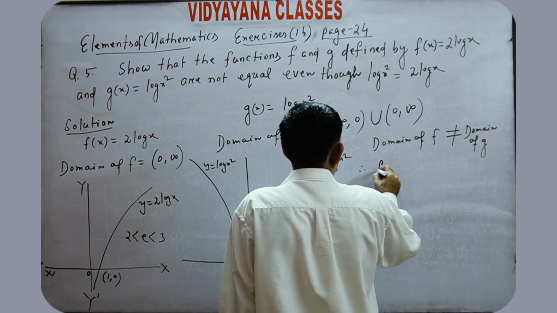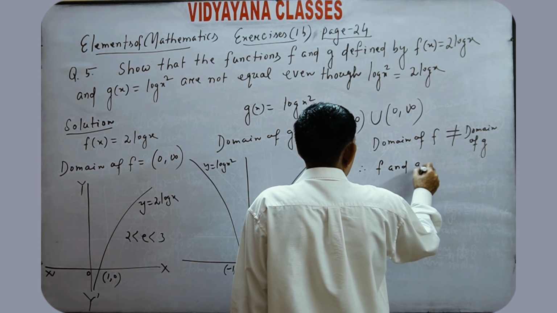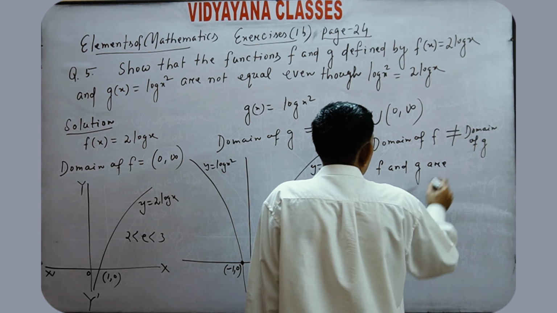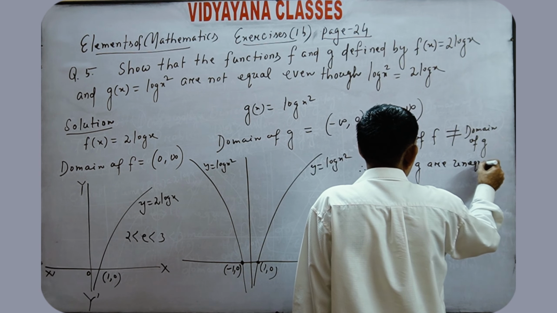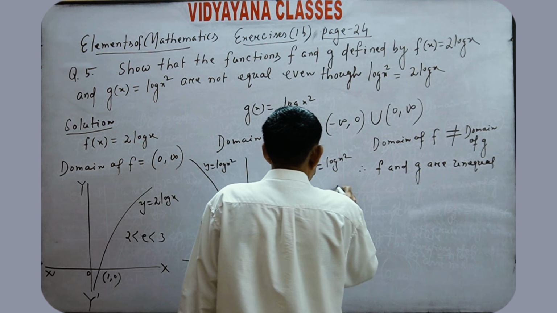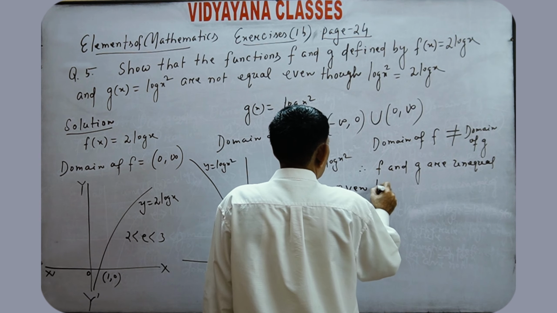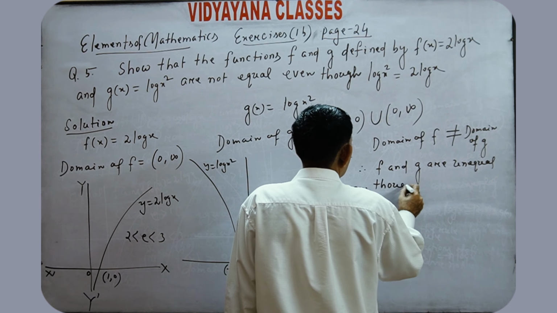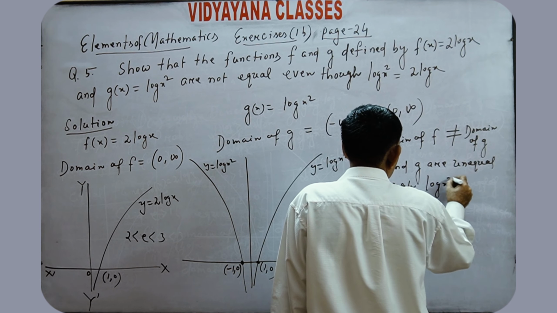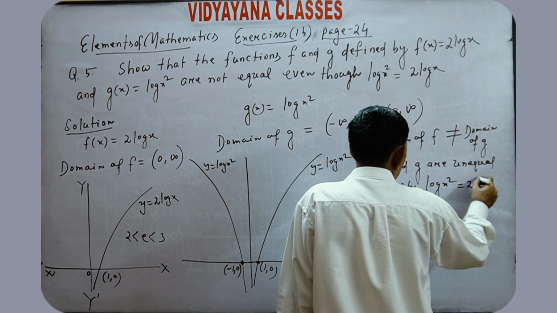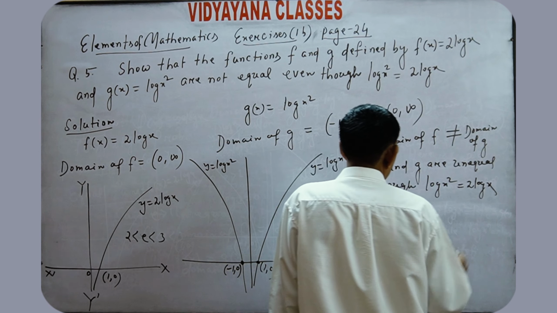Therefore, f and g are unequal, even though log x square is equal to 2 log x.